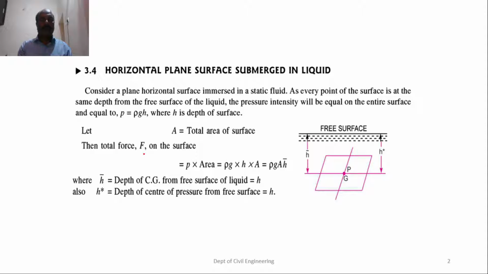Pressure is force per area, so force is pressure into area, that is rho g h A, which is rho g A h bar. Here h is equal to h bar, where h bar is the depth of the CG from the free surface of the liquid, and h star is the depth of the center of pressure from the free surface, which is also equal to h.